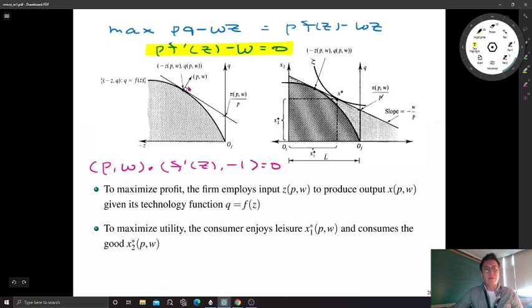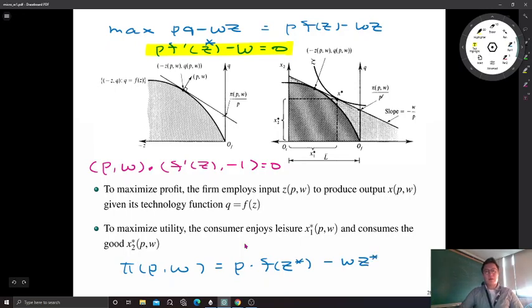So now we can derive a profit function. Suppose Z star solves this first order condition. So Z star is going to be the optimal input, so the optimal demand for labor. Then the profit function pi of P comma W is going to be P times F of Z star minus W Z star.